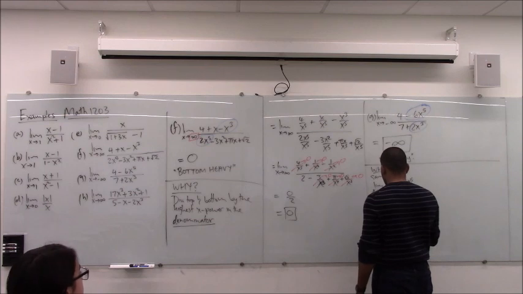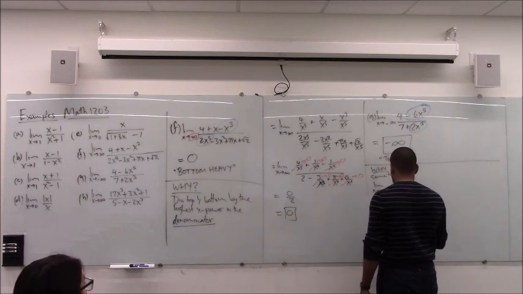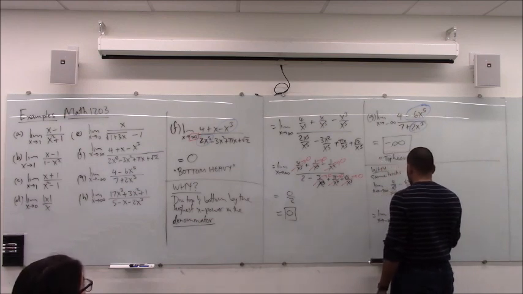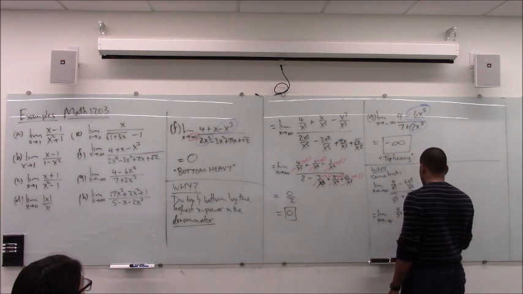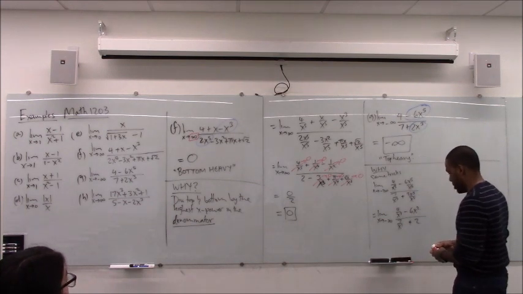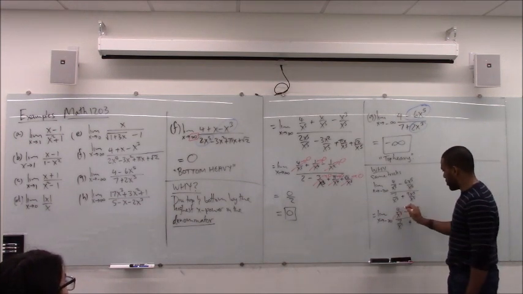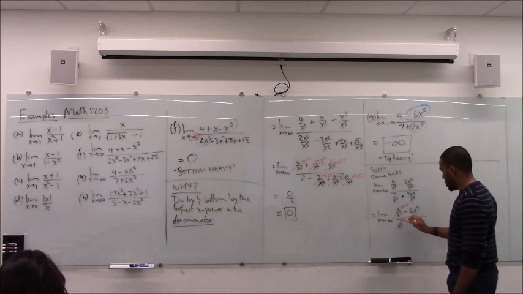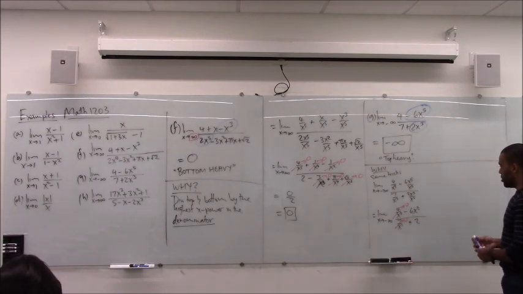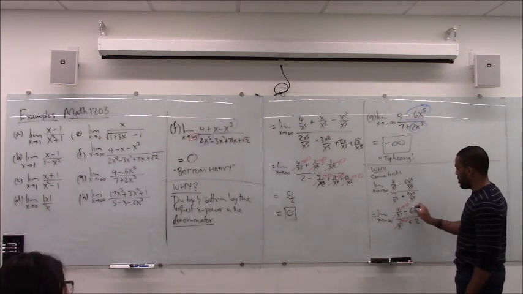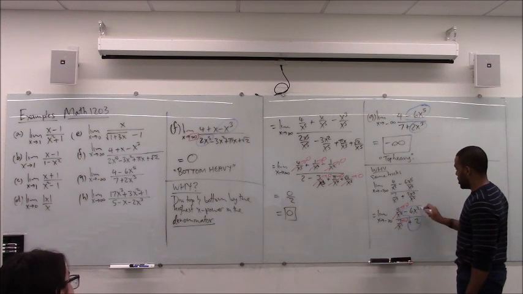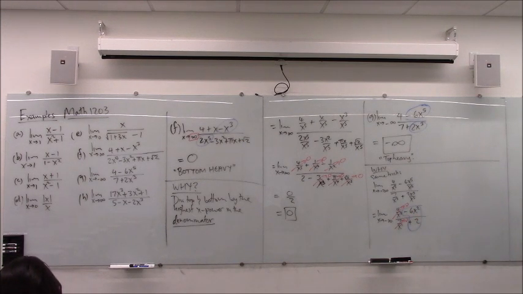So this will give us 4 over x cubed minus 6x squared over 7 over x cubed plus 2. Now these two here will go off to 0, which means the only terms in play are the negative 6x squared and the positive 2.